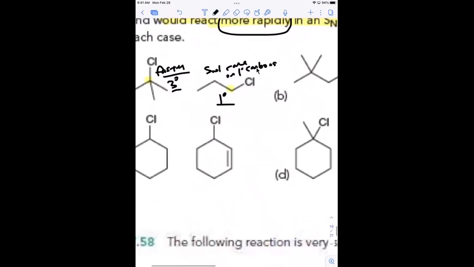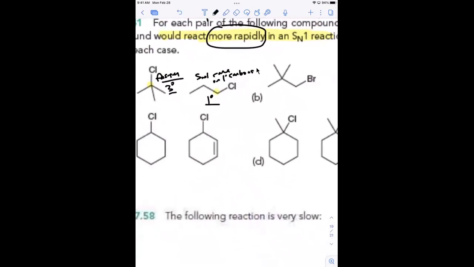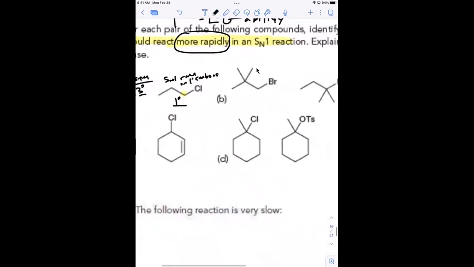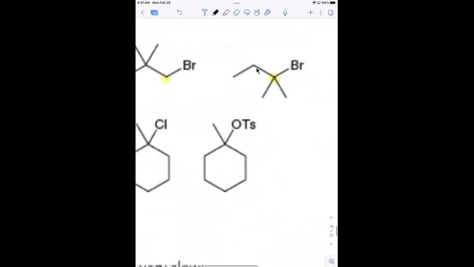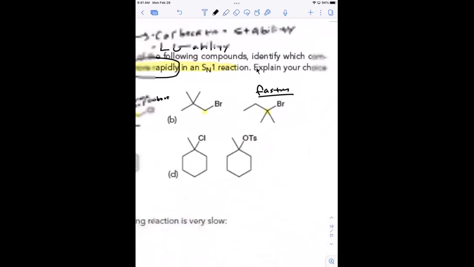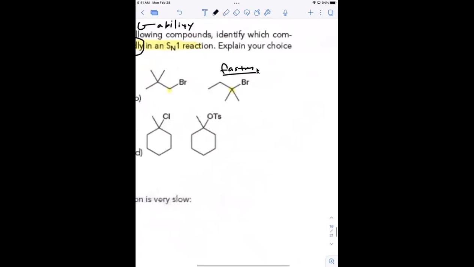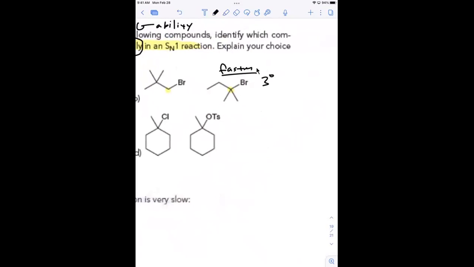It's rare, right? It's very difficult to make that primary carbocation. What about B? Look at where my leaving group is, here and here. Same leaving group, different structure. What do you think? The second one. Right, that's faster. Same rationale too. This is tertiary, this is primary.